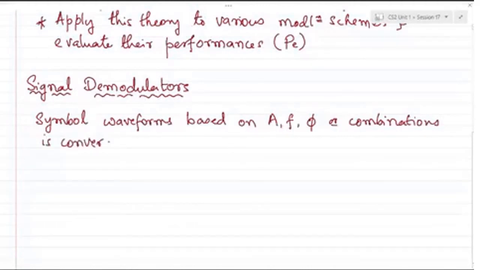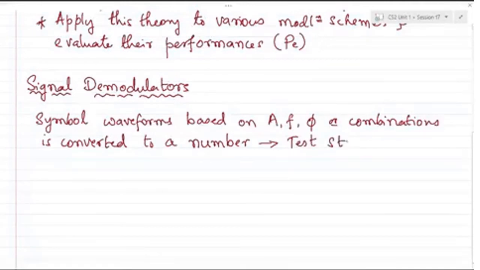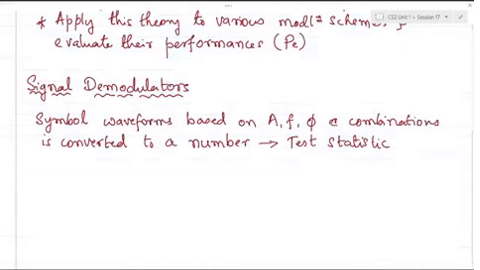The job of the demodulator is to convert these symbol waveforms to simply a number, which is known as the test statistic. We want to discretize everything, because in digital communication, as soon as we receive an analog waveform, we make it discrete so that every number will be mapped to a particular symbol transmitted from the transmitter.